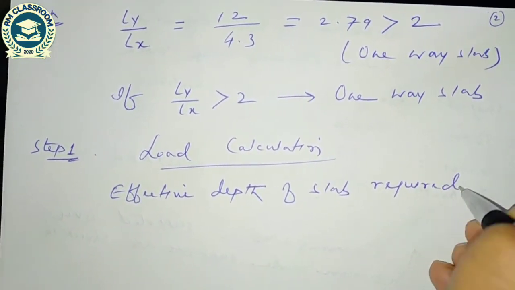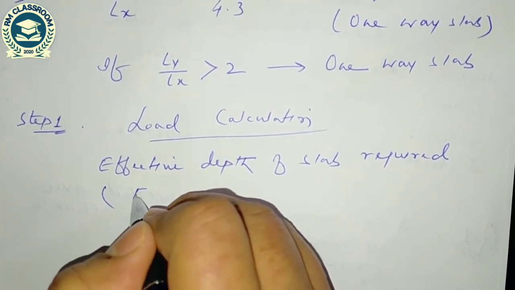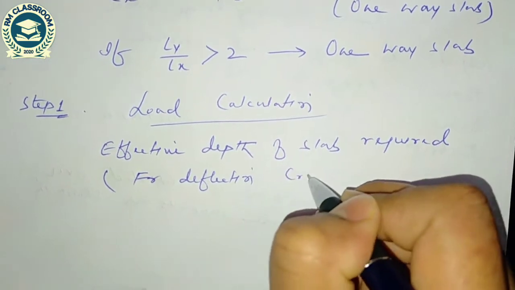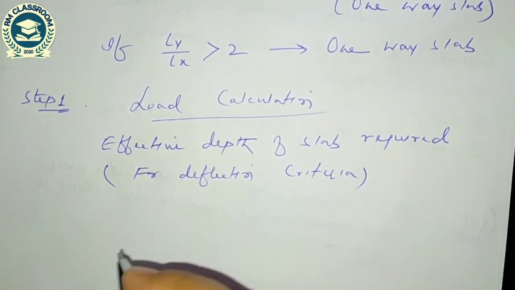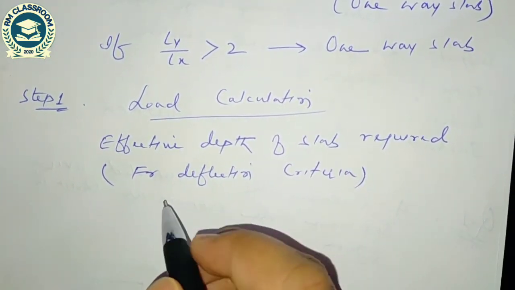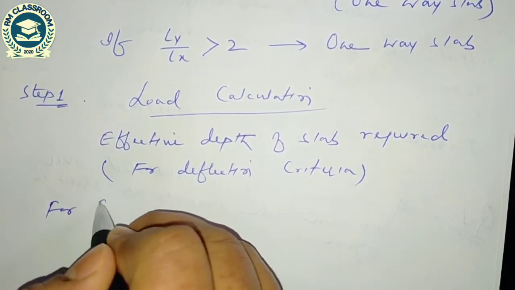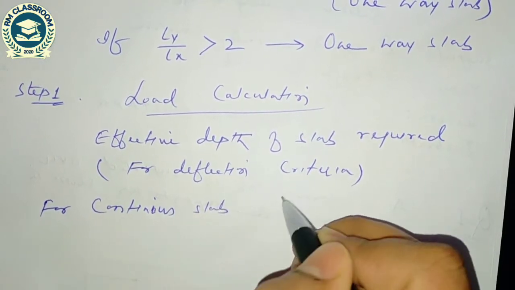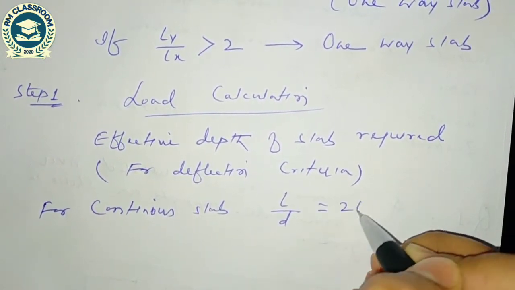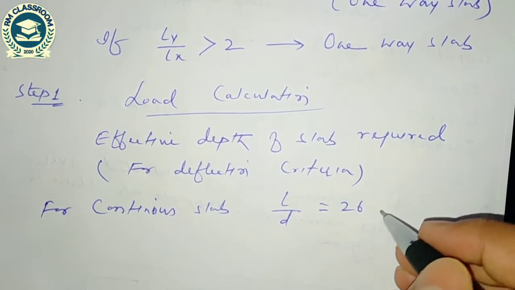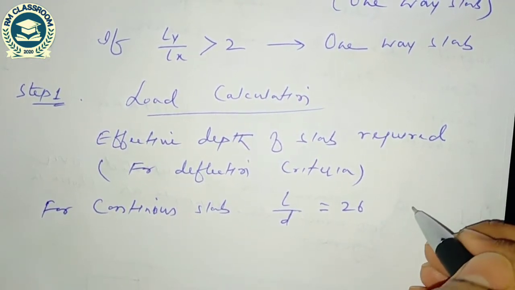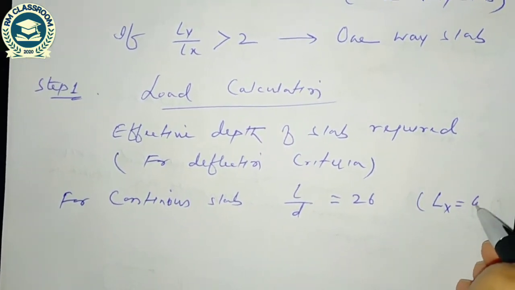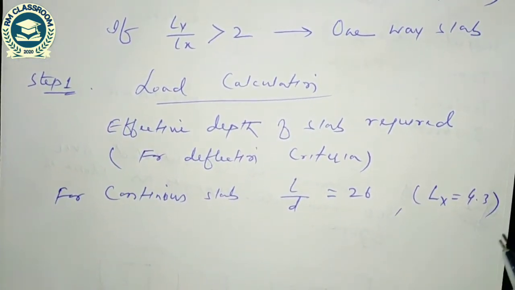For the deflection criteria, as I told you, for a continuous slab, L by D is equal to 26 if our span is less than 10 meter. Here our shorter span is 4.3 meter, so it is less than 10 meter.